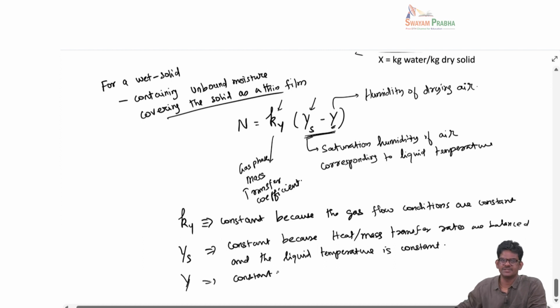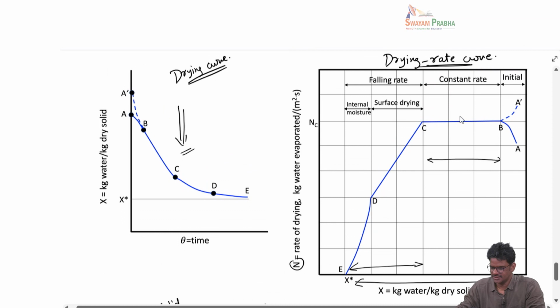So, because of this we say this NC, C means constant here. Okay. So, we can understand that this particular part is related to drying of an unbound water.